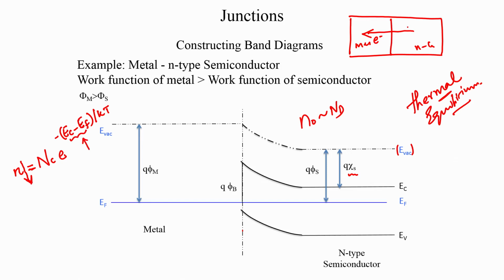Therefore, since this region has fewer electrons as compared to the bulk, which is very far away from the interface, the conduction band edge will move away from the Fermi level. It is no longer going to retain its position here; close to the interface it is going to move far away, and then just a little after that it is going to be located there and there and there. Therefore, you have a gradual bending of the conduction band edge with respect to the Fermi level.